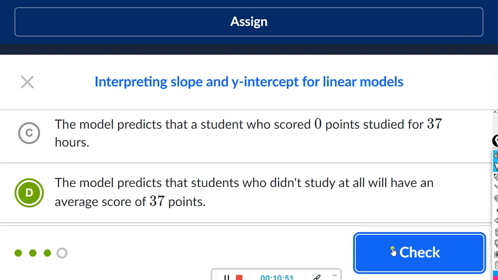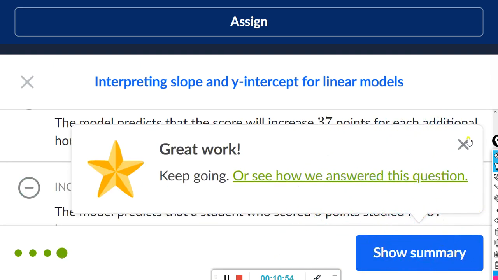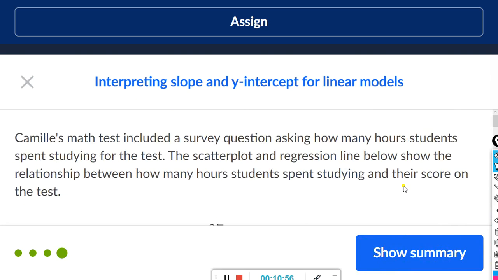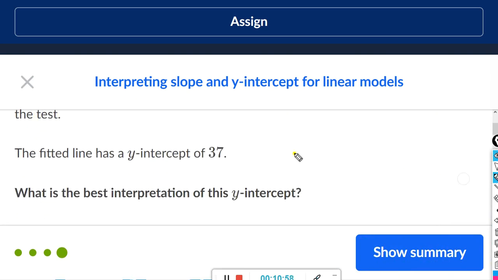That's it. Just remember, for the y-intercept, that's going to be where x equals 0. And for the slope, it's going to be change in y over change in x.